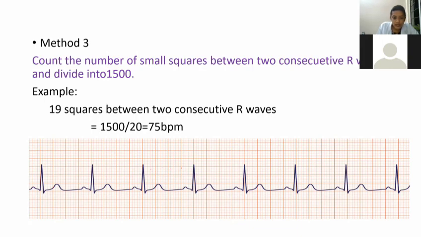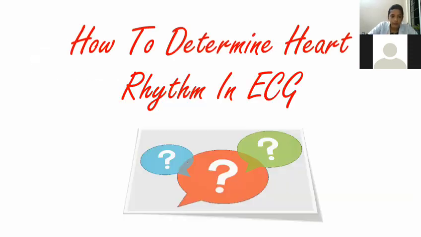There are 19 small boxes between each R wave. For ease, we round up to 20, so 1500 divided by 20 means 75 beats per minute. With the help of the ECG, we can identify the heart rate. These are the 3 methods you should practice whenever you get a chance to interpret an ECG.